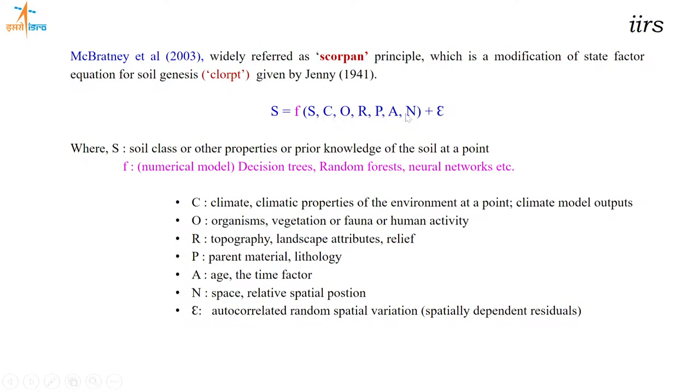These are the same, but two are different, S and N. N is your GPS location, relative spatial position. N is the GPS location of the point where you have collected the soil data, and S is the soil legacy data, or from a previous map, prior knowledge of soil. If you have any information on its properties, then that also we can use.